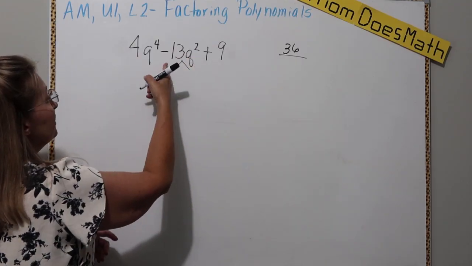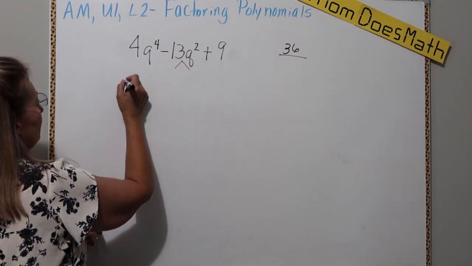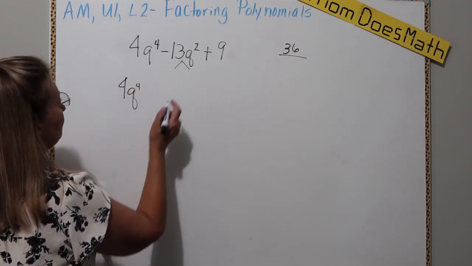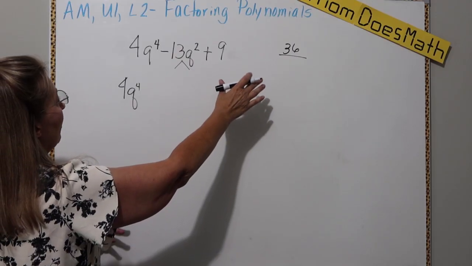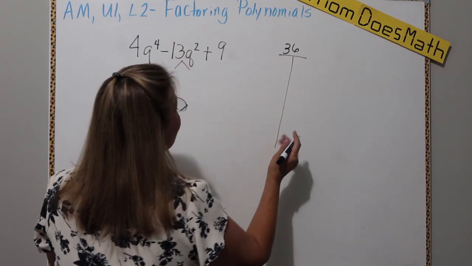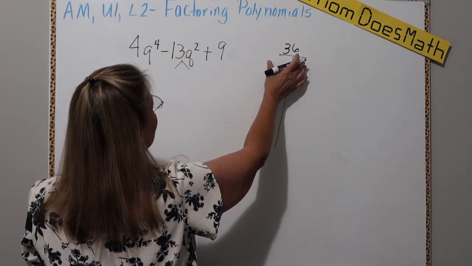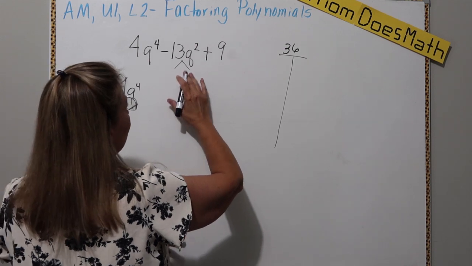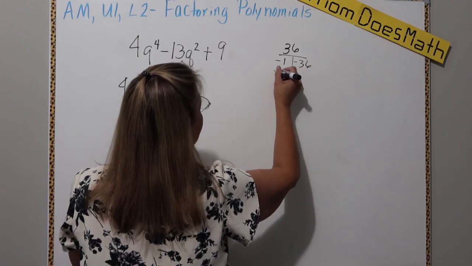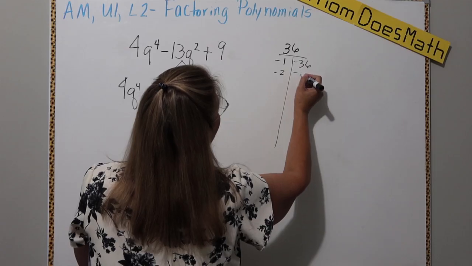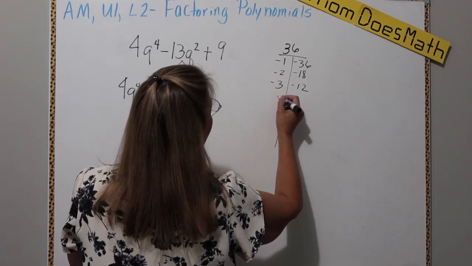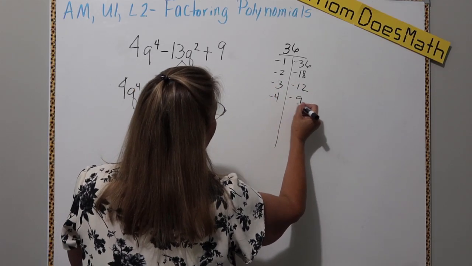So I'm trying to split the negative 13q squared. Now the 4q to the 4th power is not going to change. What will multiply to give me positive 36 but add up to give me negative 13? Well, if both numbers are negative, they will multiply to give me positive and add up to give me negative. So we've got negative 1, negative 36, negative 2, negative 18, negative 3, negative 12, negative 4, negative 9.